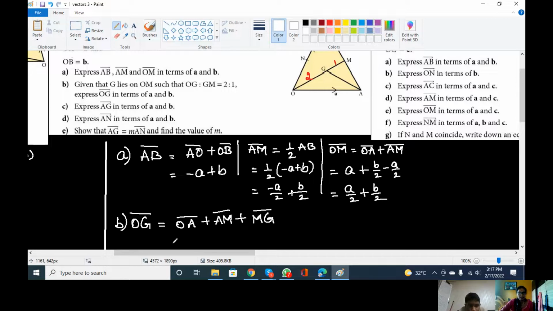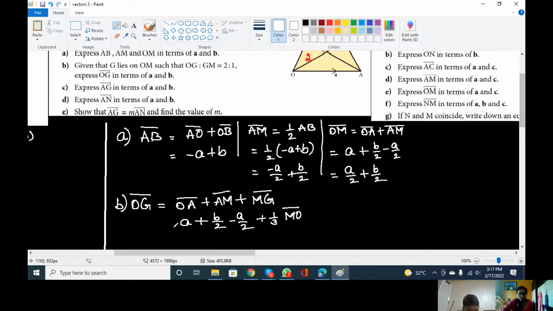So OA is simply a, plus AM is b over 2 minus a over 2. MG is M to G, which is 1/3 of the MO. So what is this MO?